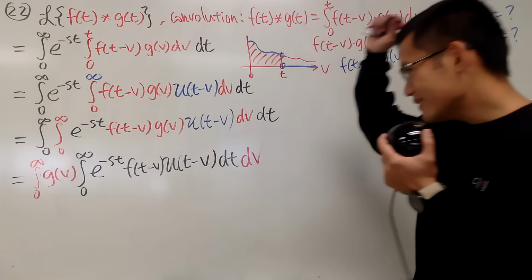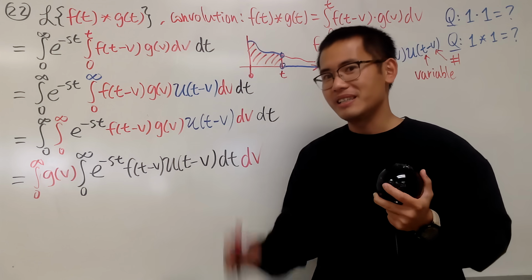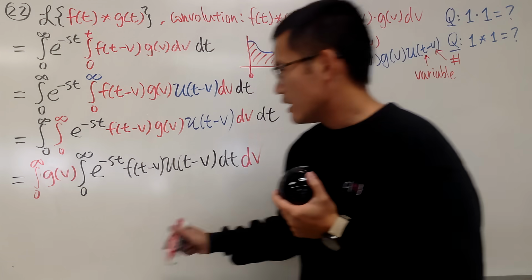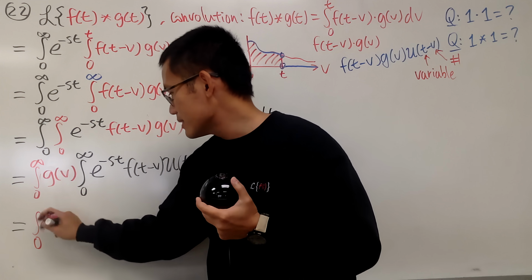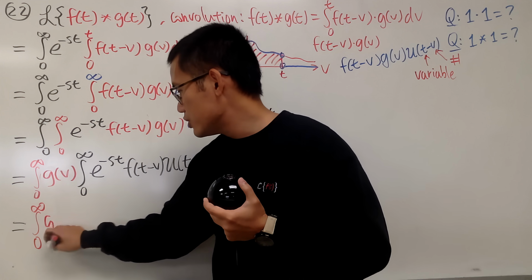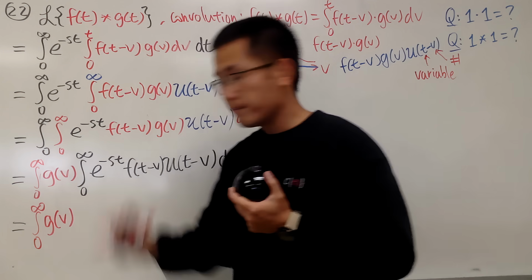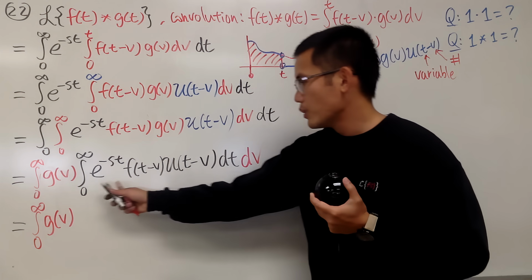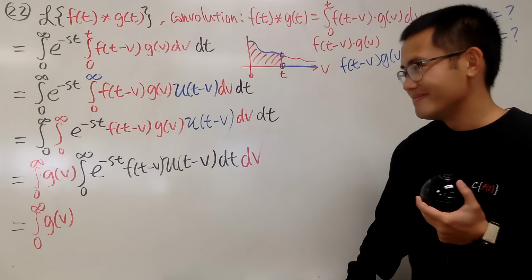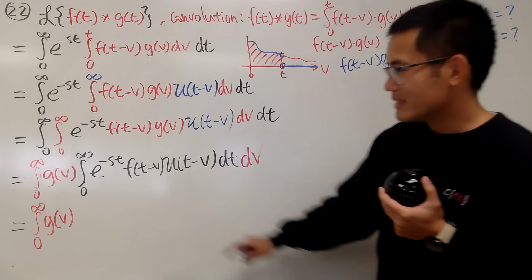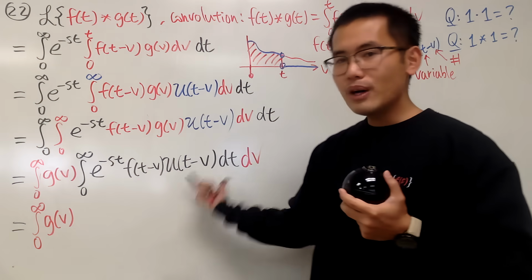Unit step function, and I think we have done this already. Yes. Have a look. Here we have the integral in red still, that's 0 to infinity, and this is g of v. Good. What is this? This is the Laplace of this function, isn't it?